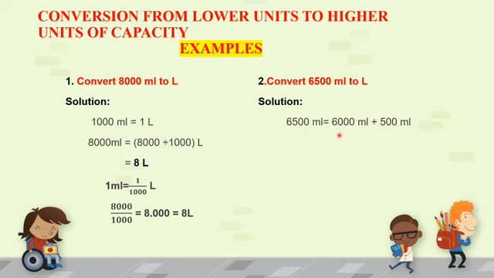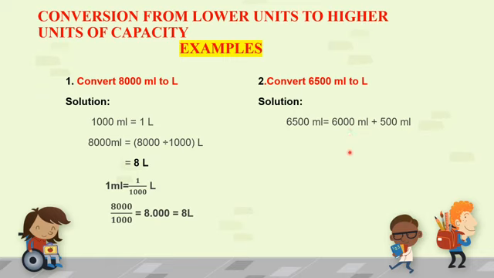When you read the number, you will understand. 6500: so 6000 milliliter plus 500 milliliter. Now we have to convert milliliter to liter. 500 is lesser than 1000, so this cannot be converted. So 6000 milliliter will be converted into liter.